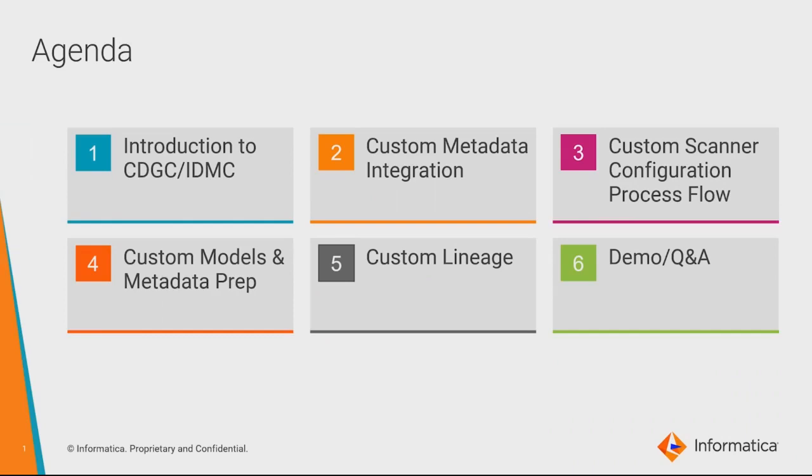So once we have defined what we need, I think it's important to call out specific steps to be executed, specific questions to be asked, like, how are we setting this up? So that process flow is a high level list of activities to ensure that you're covering all those things. After that, we will talk about some more technical details like what is a custom model, what are the classes, relationships, how do you prepare metadata.